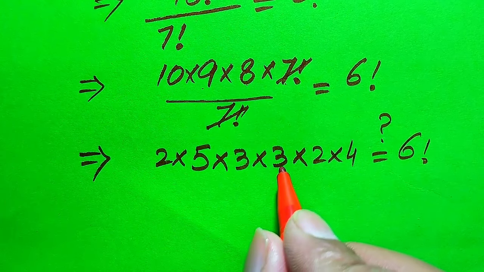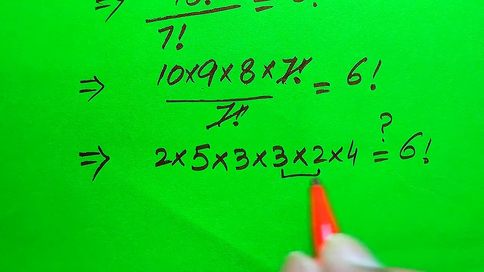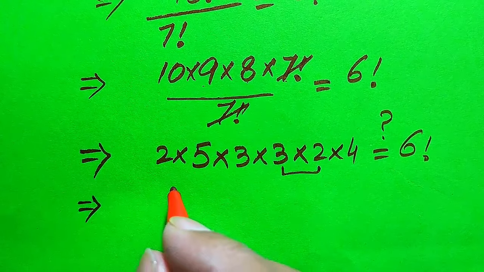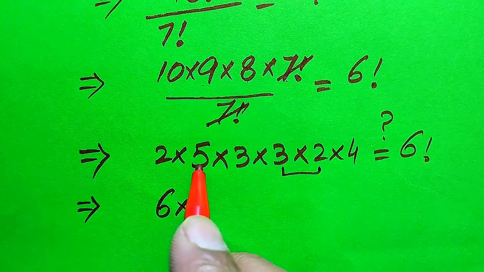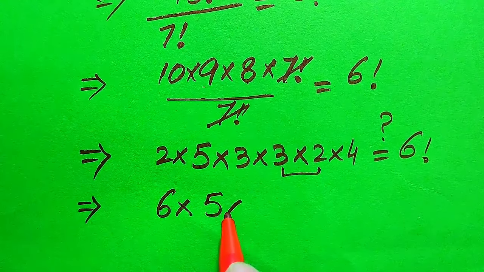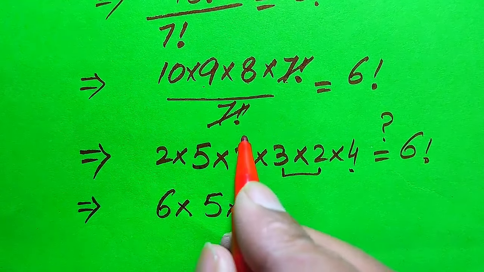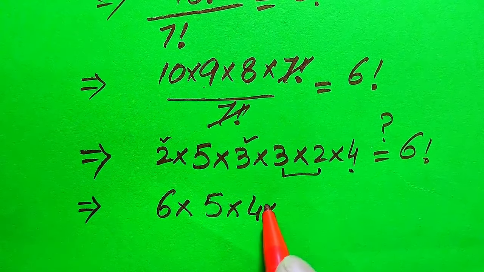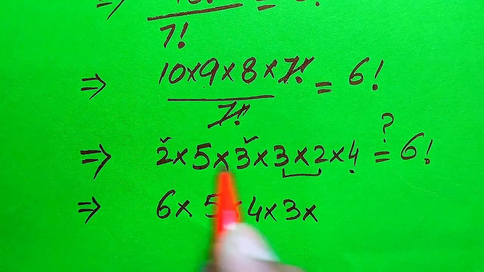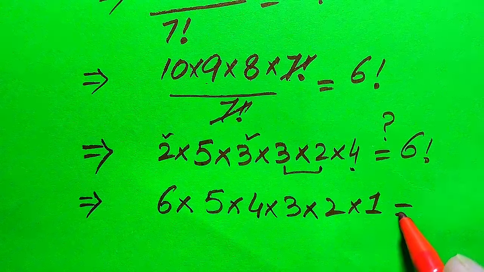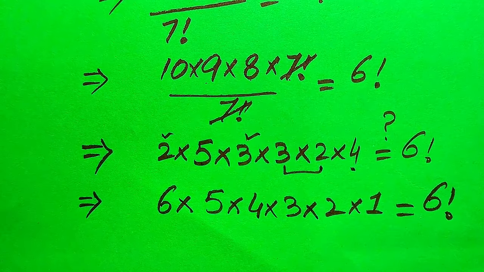Here first we need to multiply these two terms because we need to make 6 factorial. So 2 times 3 becomes 6, and after that we have 5, and after that 4, and the remaining two values are 3 multiplied by 2, and then 1, and this equals 6 factorial.